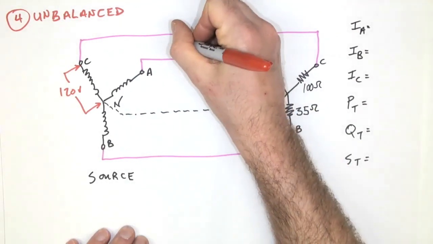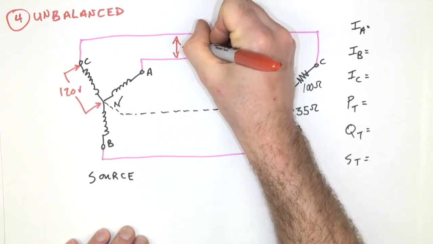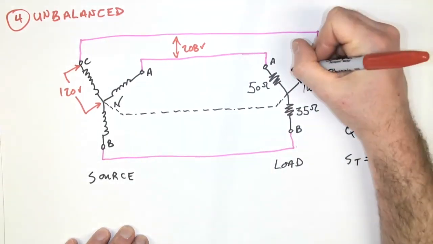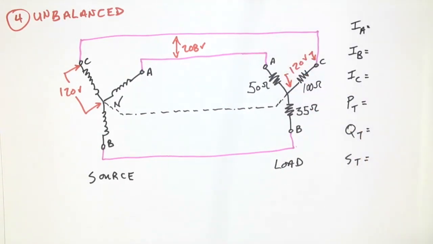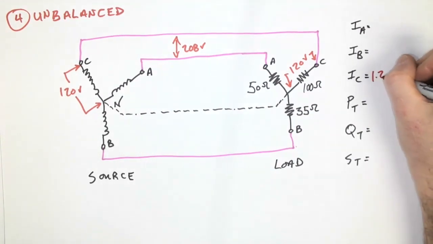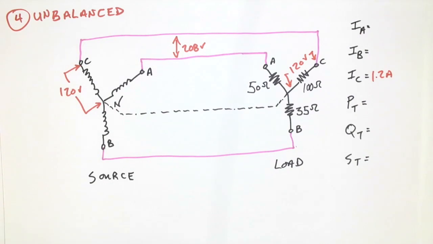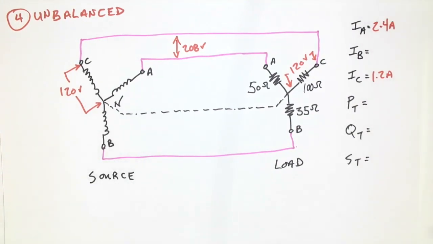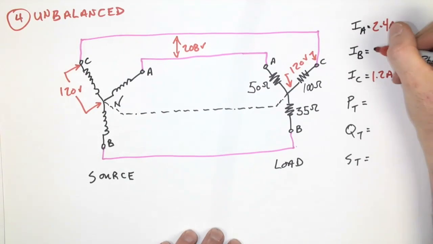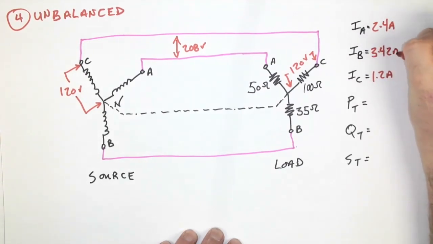So I know root 3 relationship, this must be 208 volts, and this must be 120 volts. 120 divided by 100 gives me 1.2 amps. 120 divided by 50 gives me 2.4 amps. And 120 divided by 35 gives me 3.42 amps.